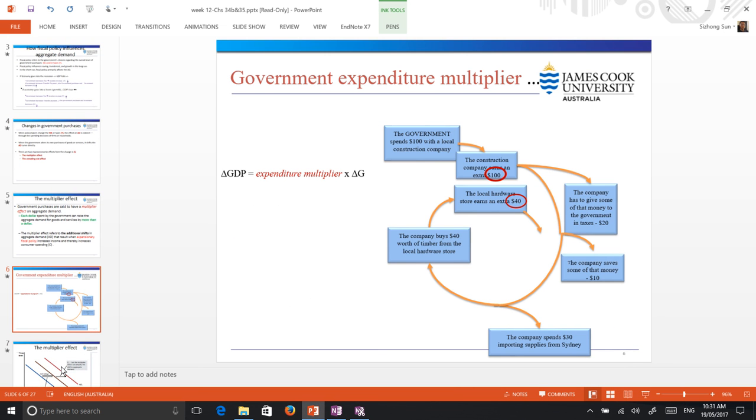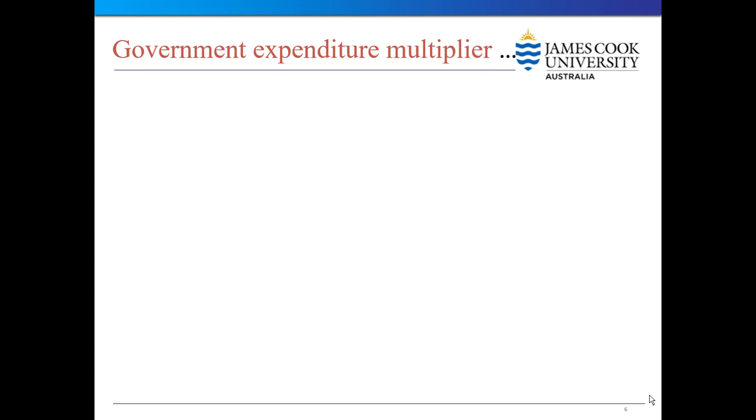Suppose the government spends $100 with a local construction company.